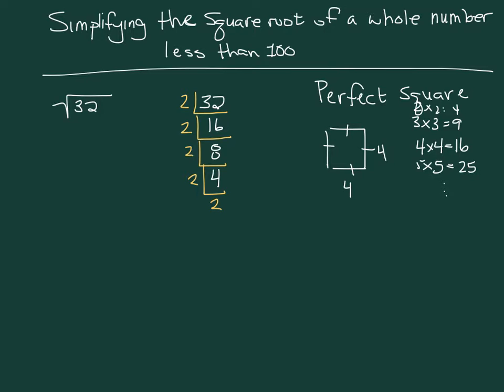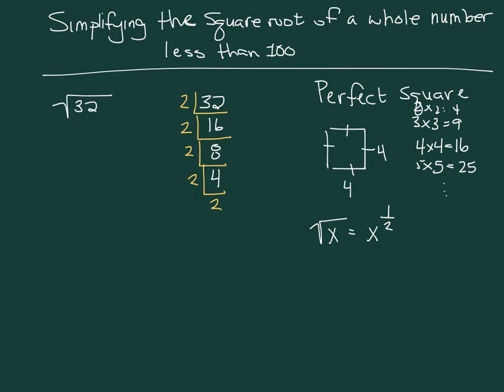All right. So I can see here I've got all these 2's. And what I need to do is figure out something where I would have an even number of 2's because this is a square root, which I know means it's to the 1/2 power. Because remember again, the square root of x is really x to the 1/2 power.